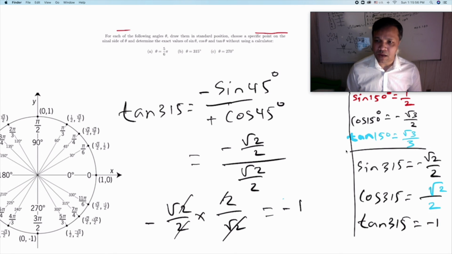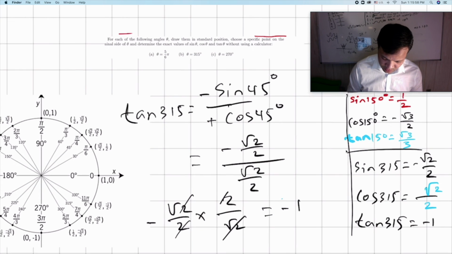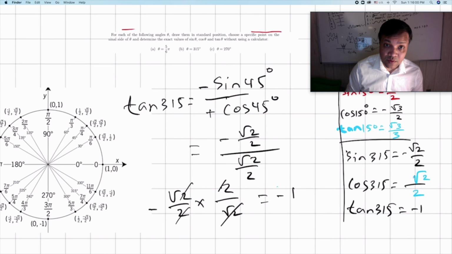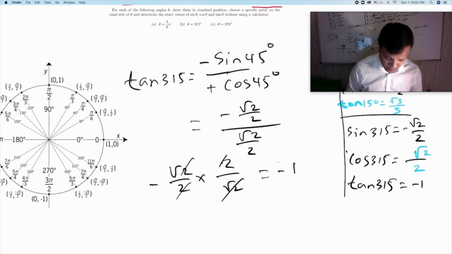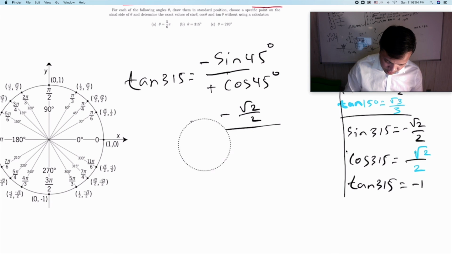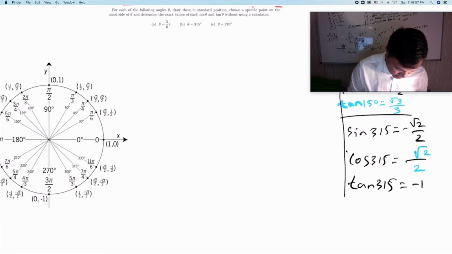Okay, so we're almost done. Now we're going to do the last one. And what is our last one? The last one is theta equal to 270.